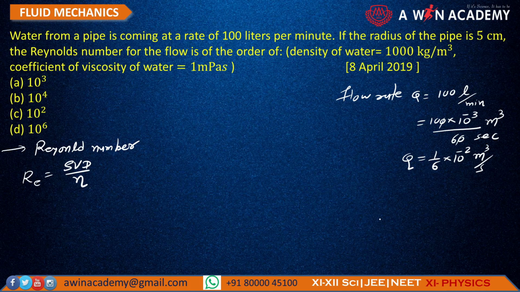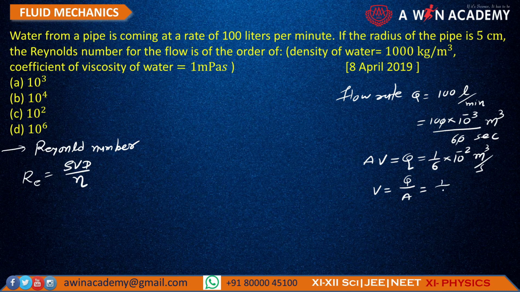अब हम जानते हैं कि फ्लो रेट यानी व्हाट? एरिया इंटू वेलोसिटी, and we want to find velocity, so we make v the subject, and this is Q by area.